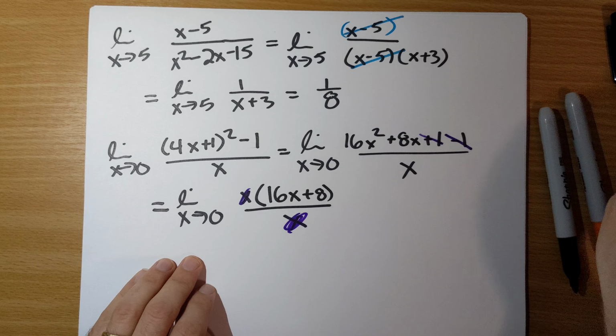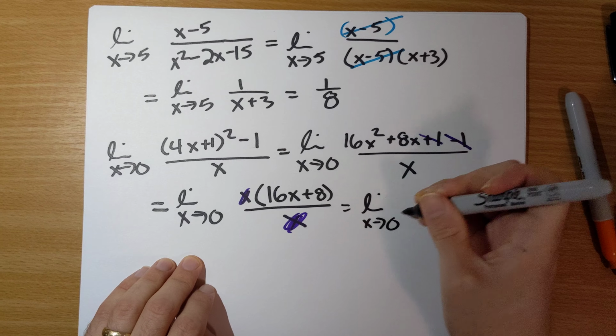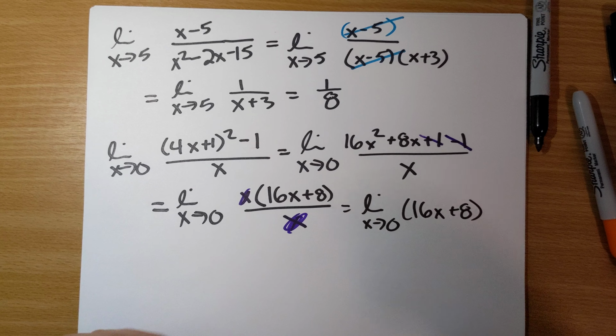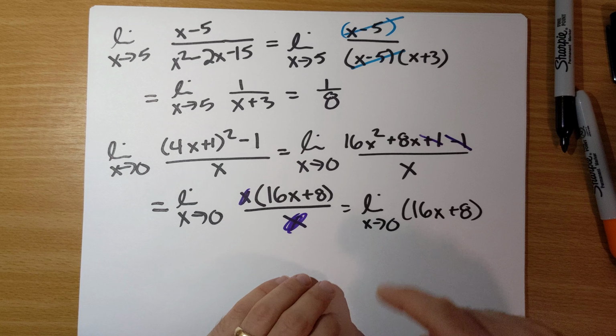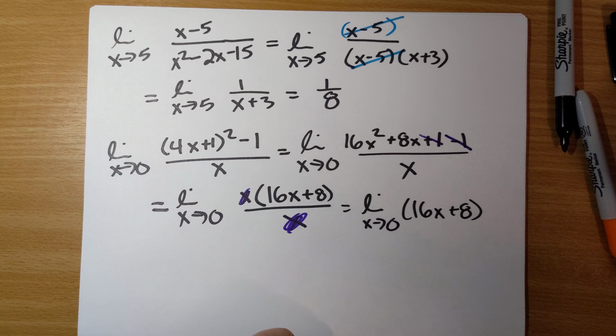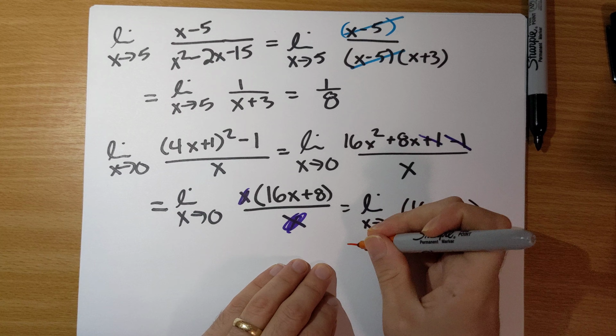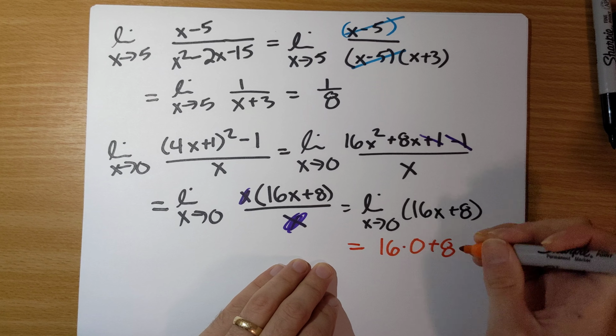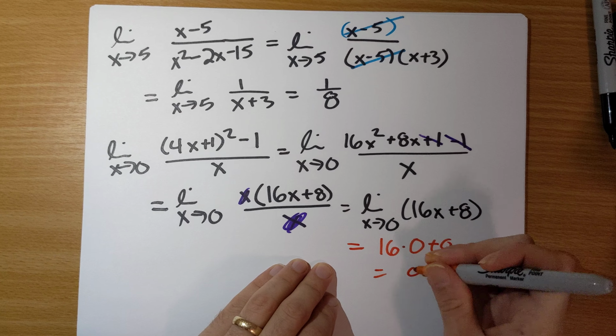Those cancel, and so we are just left with the limit as x goes to 0 of 16x plus 8. At this point, there's nothing wrong with plugging in x equals 0, and we end up with 16 times 0 plus 8, which is just 8. Okay, 2 down, 1 to go in this video set.